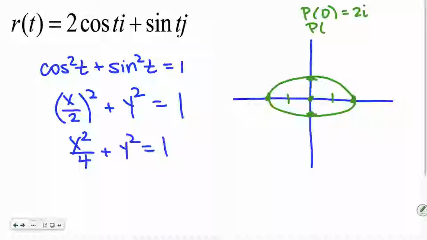And if we plug in pi over 2, we would get the vector j. So it does rotate counterclockwise. Nice educated guess. I just looked at the circle. Failed to reject my hypothesis.